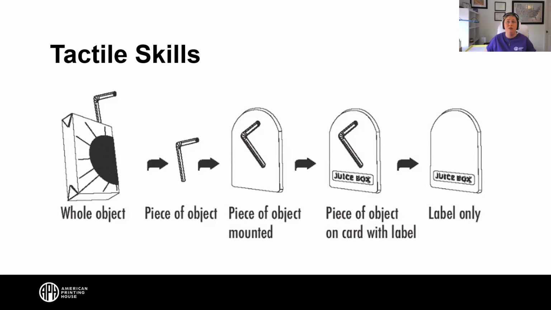I want you to note, a student at the whole object stage may not be ready for this kit. They may be at that pre-symbolic cognitive level, and therefore they're not ready for these tactile symbols. I implore you, go back and start with the sensory learning kit and SAM.